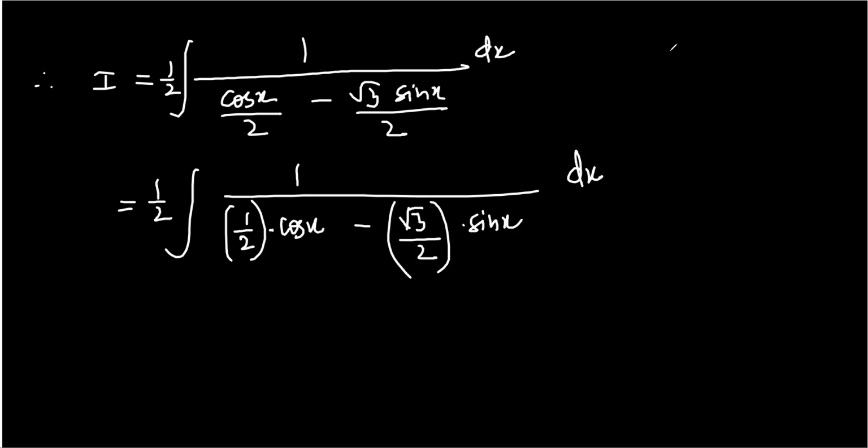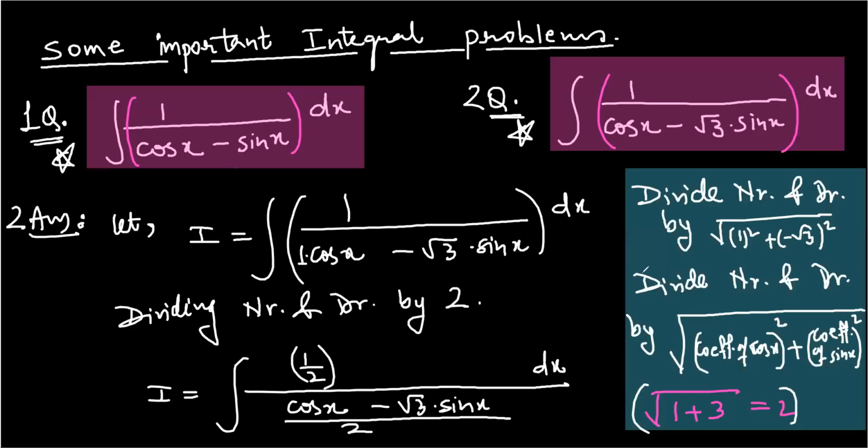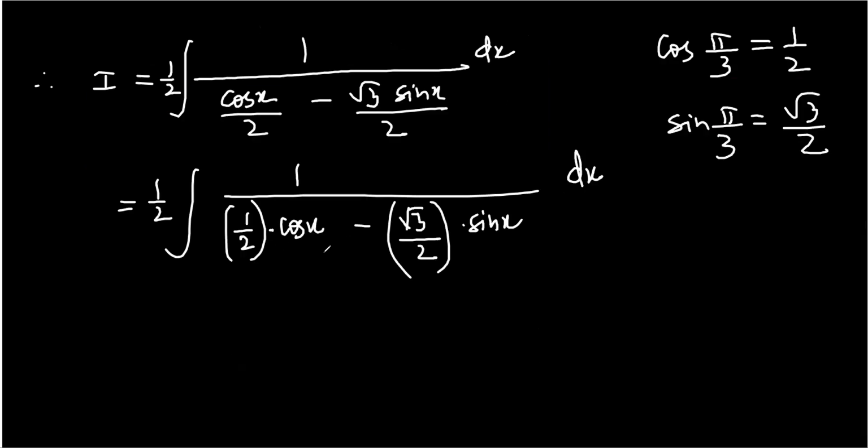You know, students, 1 by 2 can be written as cos pi by 3, and here sin pi by 3 is root 3 by 2. Because we divided by the square root of coefficient of cos x square plus coefficient of sin x square, things have turned in our favor, mathematically.